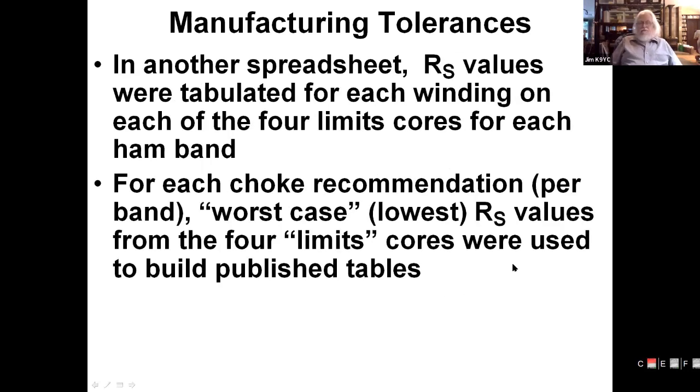Make another measurement. In another spreadsheet, I tabulated the RS values for each winding on each of the 4 limits cores. So in other words, what I've got is a spreadsheet with the worst case values of RS for all of the cores. And that's where the data for the cookbook comes from.